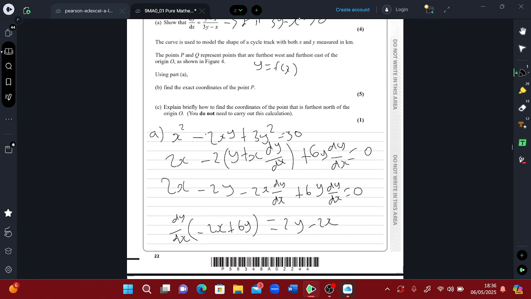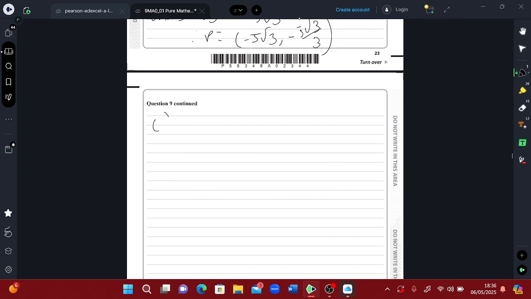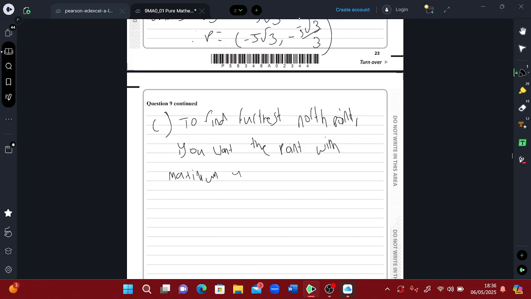So this time, if you were to find the coordinates of the furthest north point, you would want the point with maximum y value, which at this point, as we've seen, dy dx is 0, because it's a horizontal tangent.